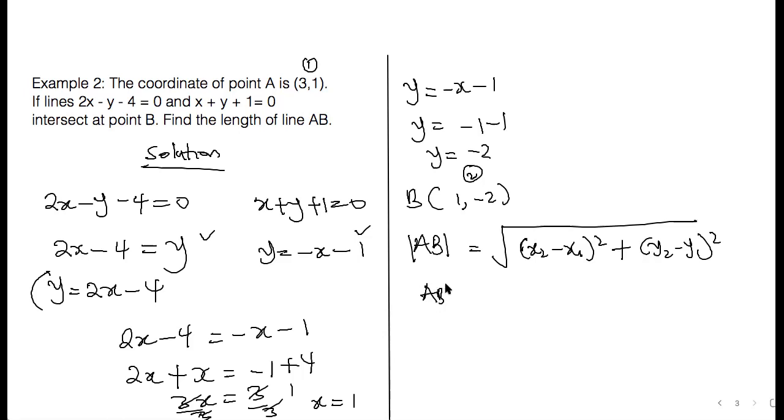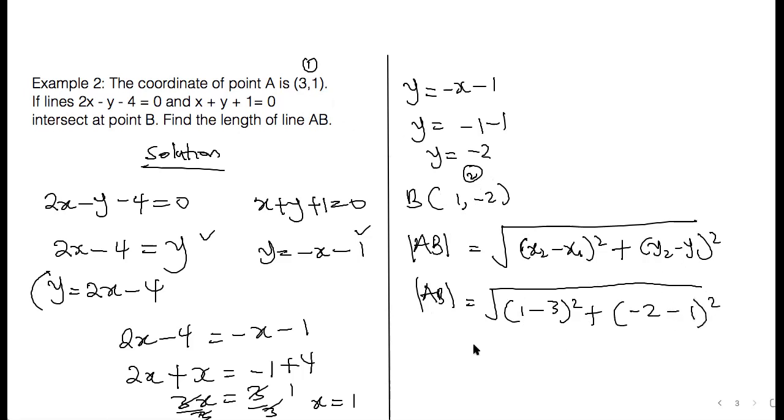So AB will be root of x2, that's 1, minus x1, that's 3, squared, plus y2, that's minus 2, minus y1, that's 1 squared.